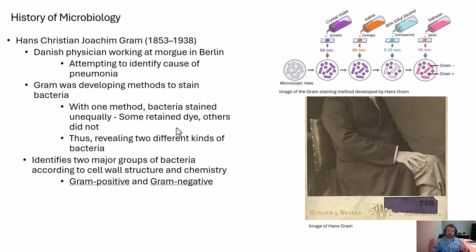Today, in many labs and pretty much everywhere in the world, Gram staining is used to see if we're talking about a gram-positive or gram-negative group of bacteria. That's important because a lot of our antibiotics work based on the cell wall structure. We'll come back and talk about how structure determines function in this case.